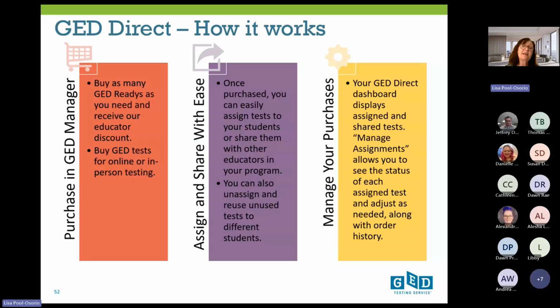And there is a discount if you buy the GED Ready practice tests through GED Direct. I think it starts at something like $565, and it goes down depending on how many you're buying. And that's much better than the $799 when you buy them on GED Marketplace. There's also other ways to buy them, because our partner publishers also sell the Ready tests. They don't sell the official tests, but you might also be able to get a decent price through the publishers for the practice tests.